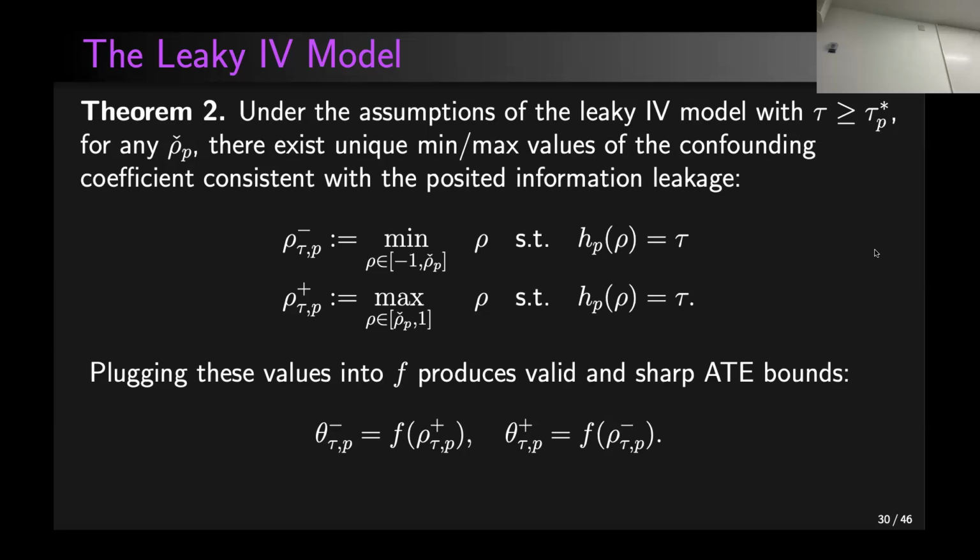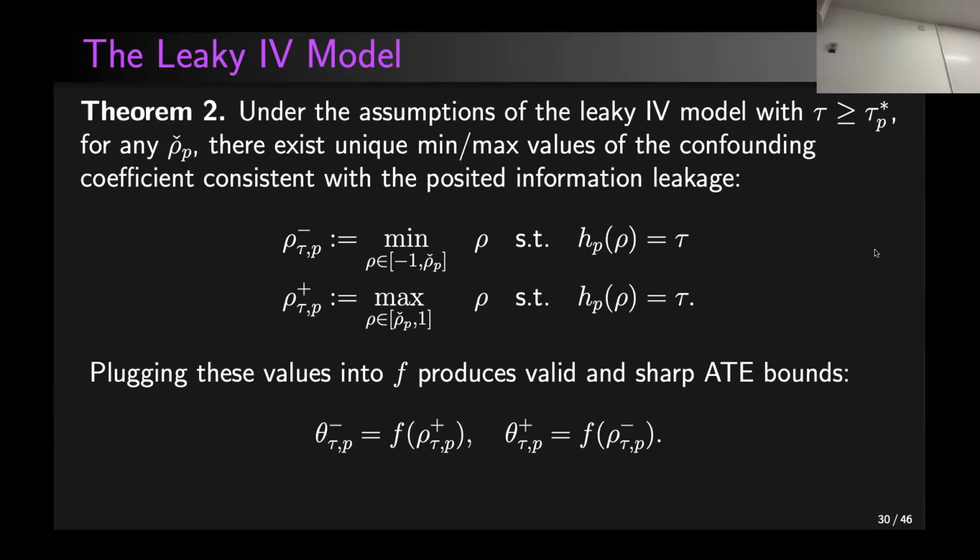Valid bounds is when you have a bound that does contain theta star. And sharp bounds, which is a term people sort of throw around, is like, think of it as soundness and completeness kind of. It is bounds that are guaranteed to contain your causal parameter and do not contain any values of the parameter that are inconsistent with your data. And that is what I mean by saying sharp bounds.